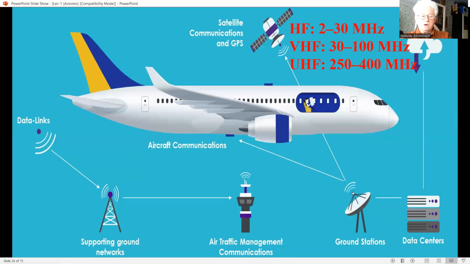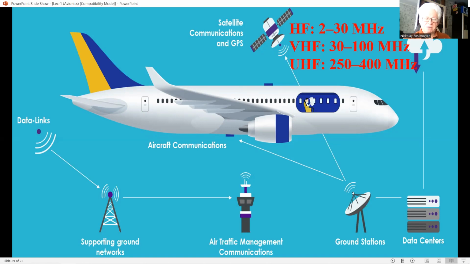The communications radios used on modern aircraft are very comprehensive and cover several operating frequency bands. Long-range communication is provided by high-frequency, HF, radios operating in the band from 2 to 30 MHz.